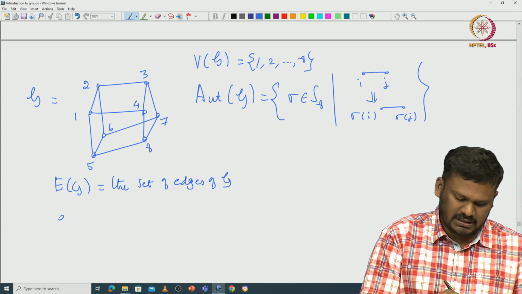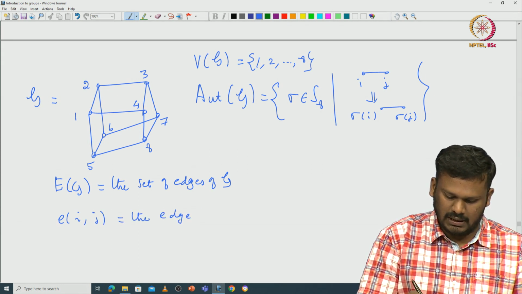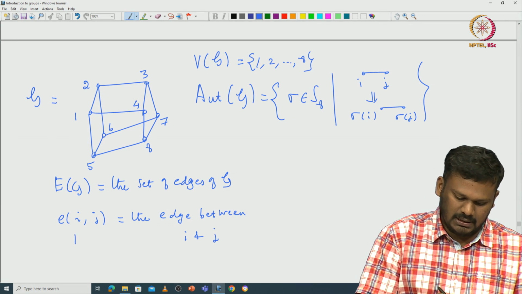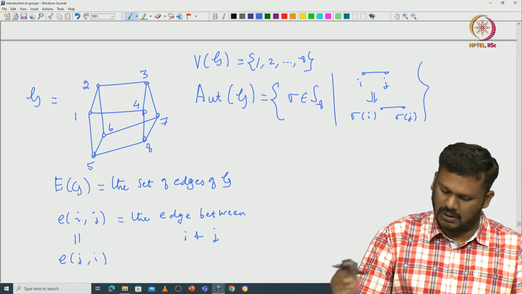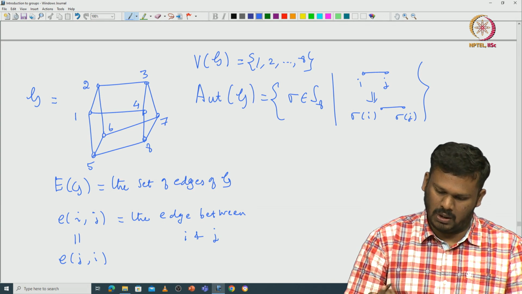Let us say E of i comma j is the edge between i and j. In particular, E of i j is the same as E of j i, because there is no difference between the edge between 1 and 2 and 2 and 1.